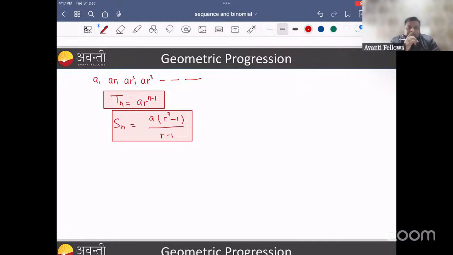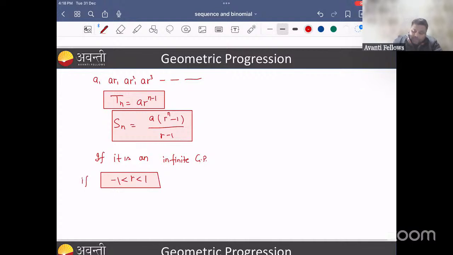The nth term is ar to the power n minus 1, and the sum is a (r to the power n minus 1) upon (r minus 1). Got it? Now if it is an infinite GP, first of all, the common ratio should be between minus 1 and 1. Only then can we find the sum of an infinite GP.